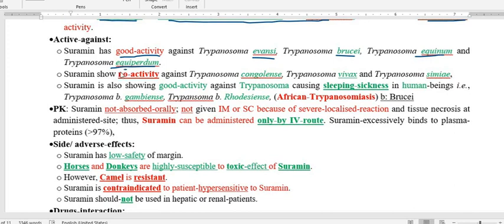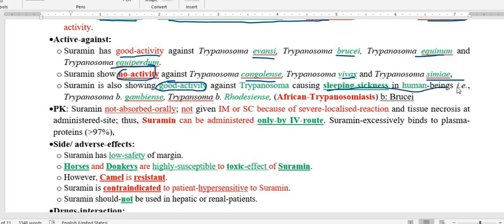Suramin shows good efficacy against Trypanosoma evansi, Trypanosoma brucei, Trypanosoma equinum, and Trypanosoma equiperdum. It shows no activity against Trypanosoma congolense, Trypanosoma vivax, and Trypanosoma simiae.